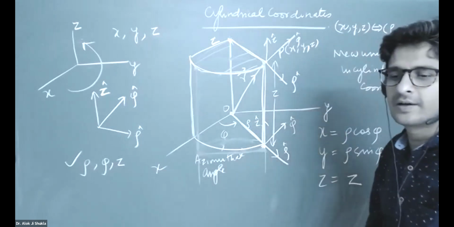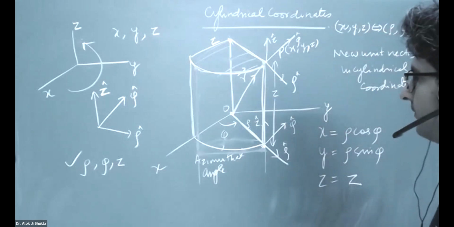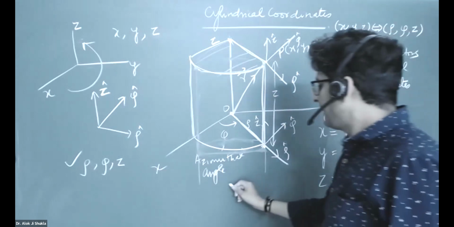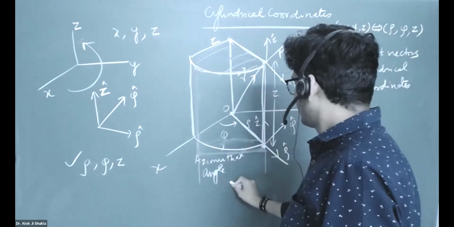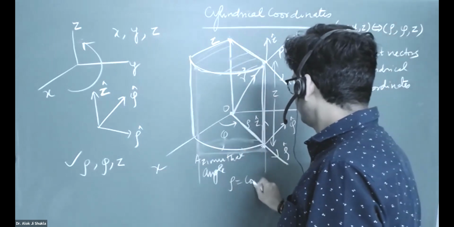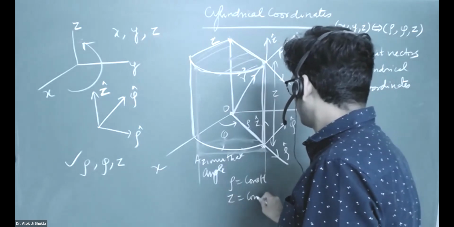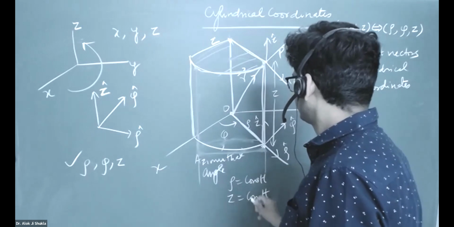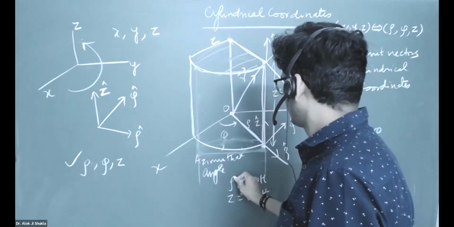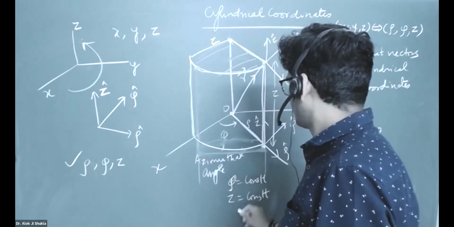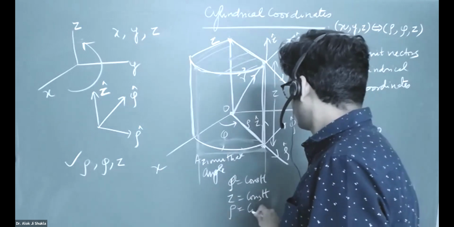What is constant in the curved surface? Rho. So the three planes are phi is equal to constant, z is equal to constant, and rho is equal to constant. Is that okay?